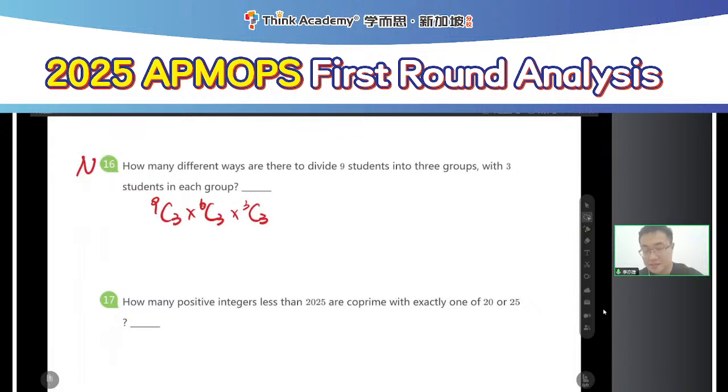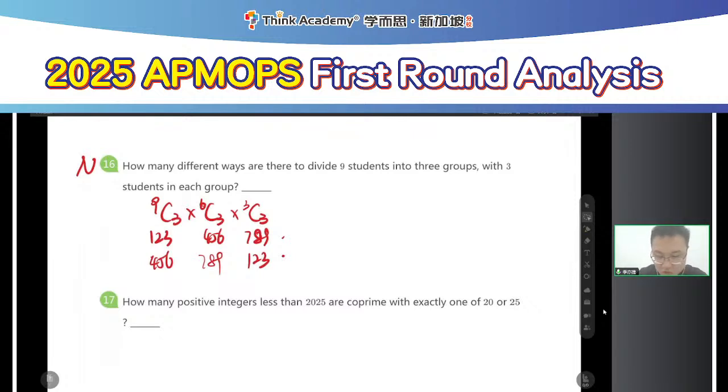The problem is that every group has exactly 3 students. Which means if you put 1, 2, 3 in this group and 4, 5, 6, 7, 8, 9 in the others, it would be the same thing as putting 4, 5, 6 in this group and 1, 2, 3 in another. These 2 groupings are exactly the same, because the groups can exchange their order with each other.